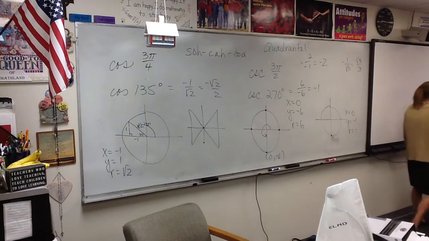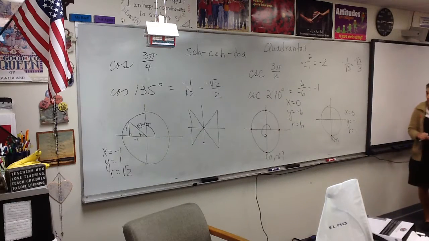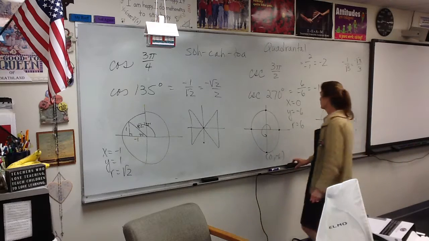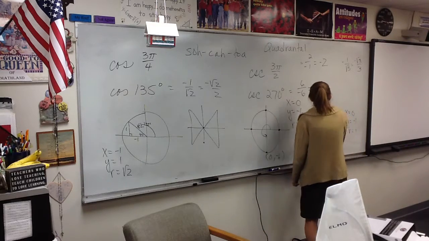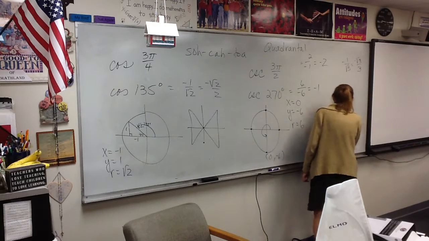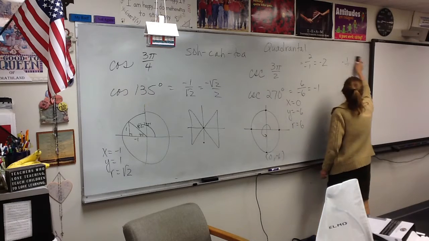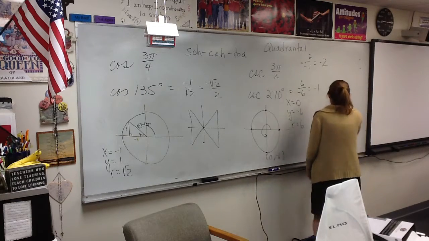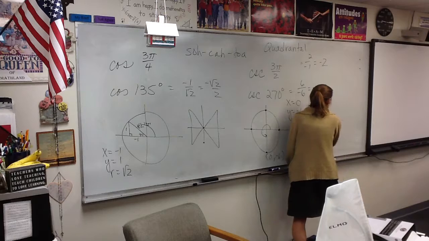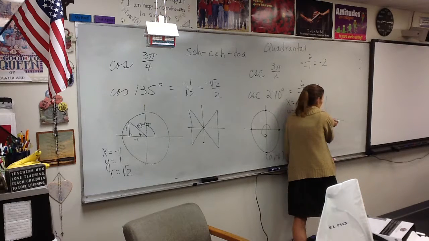The other thing on our agenda today is, I don't know if you caught it or not, but at the very beginning, when we drew our first angle, I said every angle we ever draw in trigonometry is going to start here, with one exception.